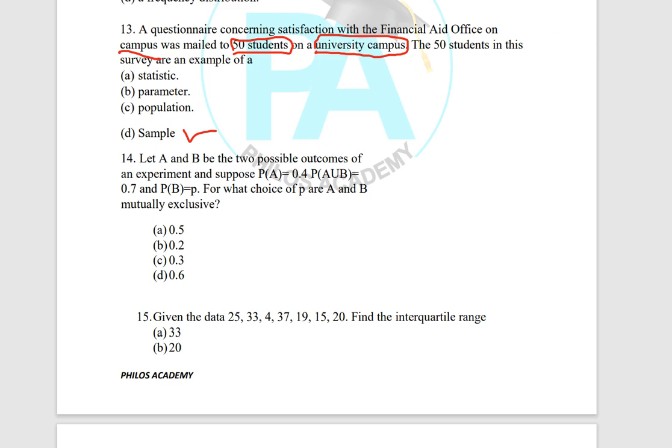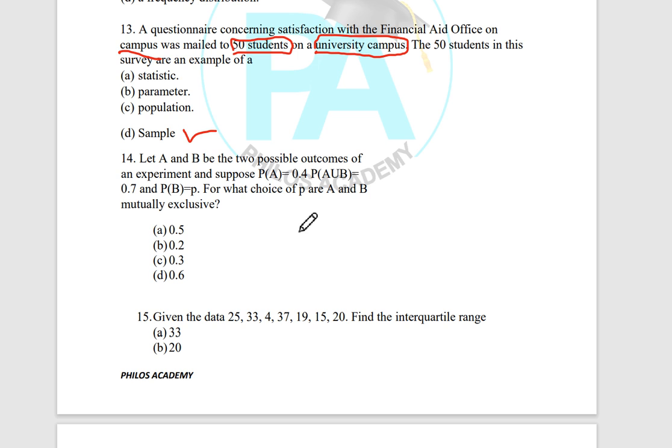Let's proceed to question 14. Question 14 says, let A and B be the two possible outcomes of an experiment, and suppose probability of A is equal to 0.4, probability of A union B is equal to 0.7, and probability of B is equal to P. For what choice of P are A and B mutually exclusive?